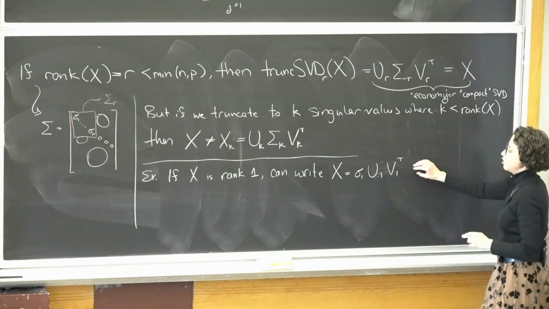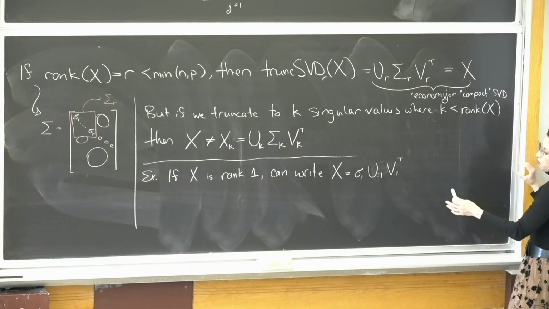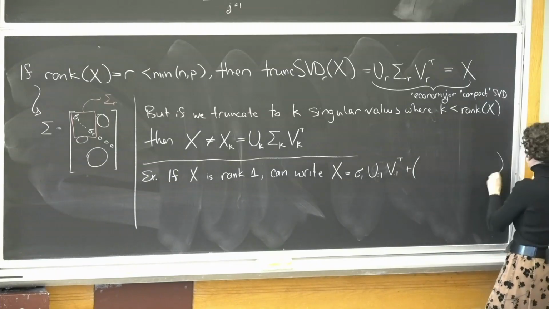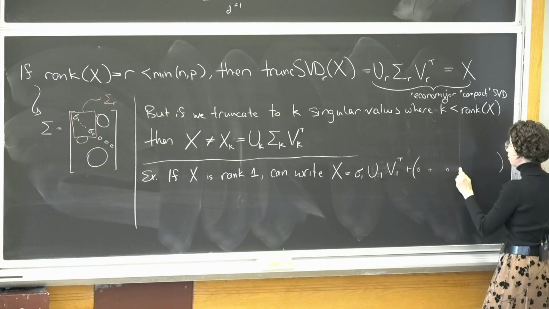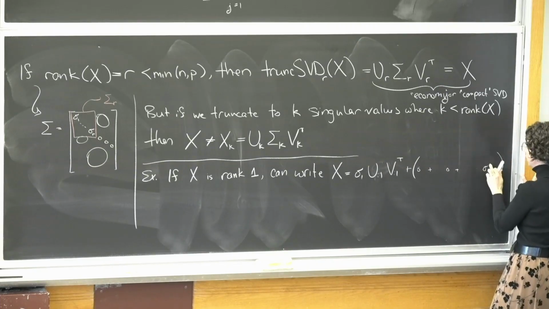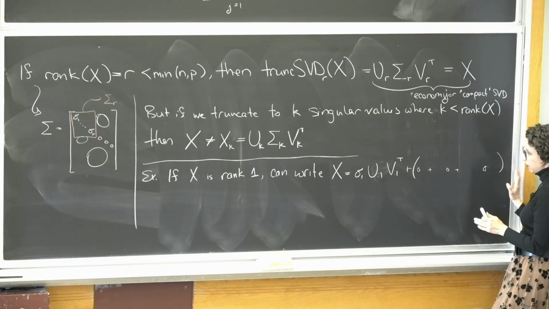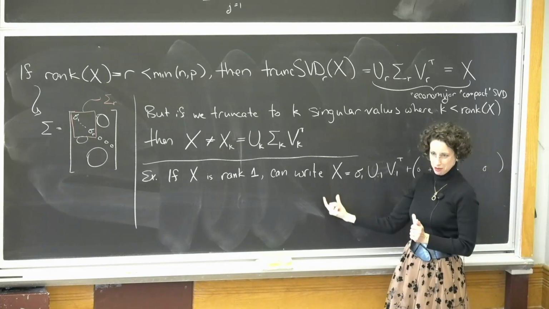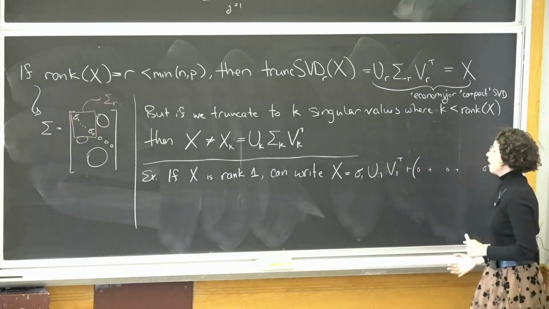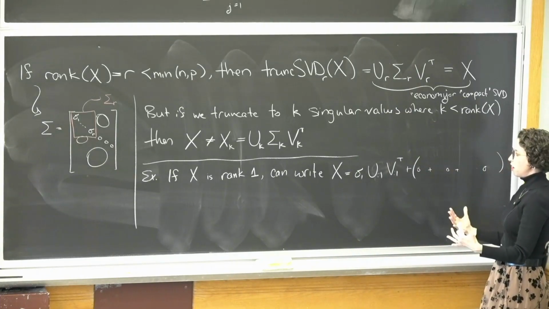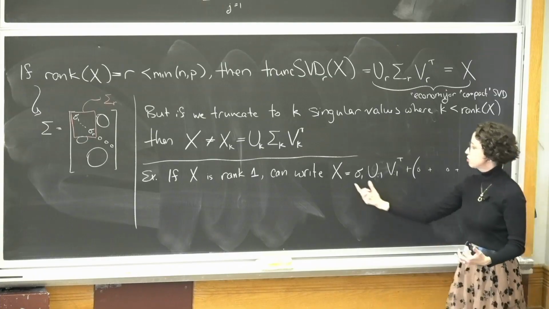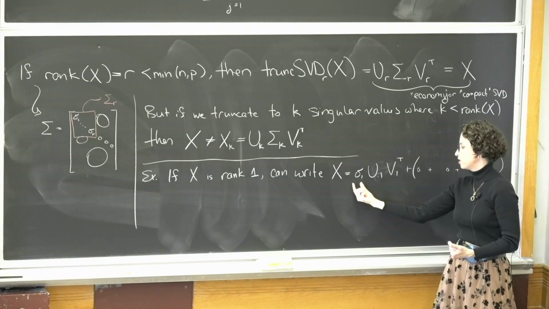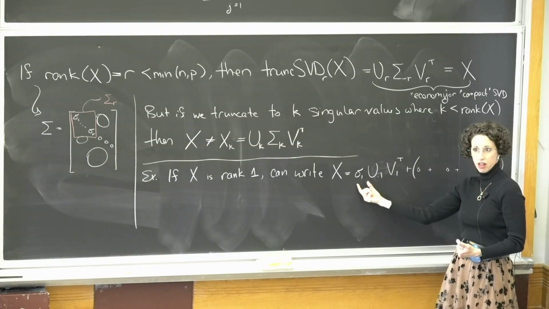And if I were to expand this sum for all the singular values and singular vectors, all the other terms in that sum would be equal to zero because all of the other singular values are equal to 0. So I only need one rank 1 matrix to represent my rank 1 matrix. And so if I want an efficient way to store this matrix X that's only rank 1, then I really only care about the first singular vectors and the first singular value.